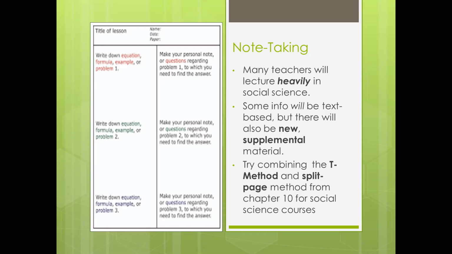So there are a few things that you can do to augment your note-taking adventures in social science courses. Obviously, many teachers will lecture heavily, so some of the information is going to be text-based. That's why it's important to annotate, even if your instructor talks a mile a minute.